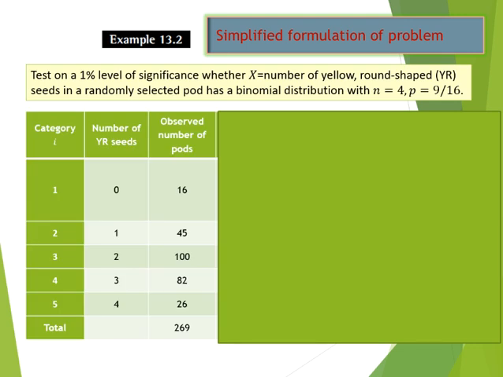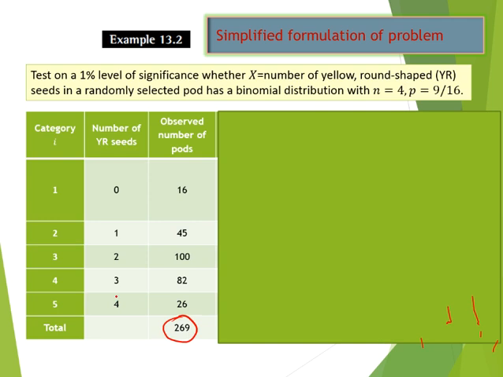So 269 pods were investigated. In 16 of them, no YR seeds were found. In 45, one YR seed was found, and in 26 cases, 4 of these yellow round-shaped seeds were found.